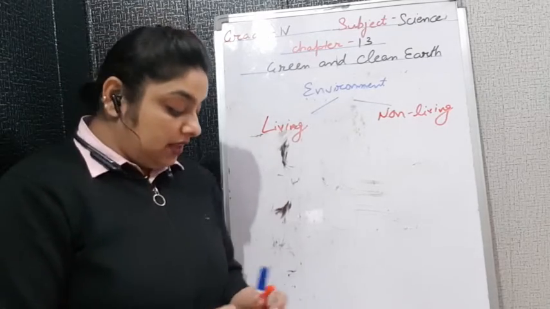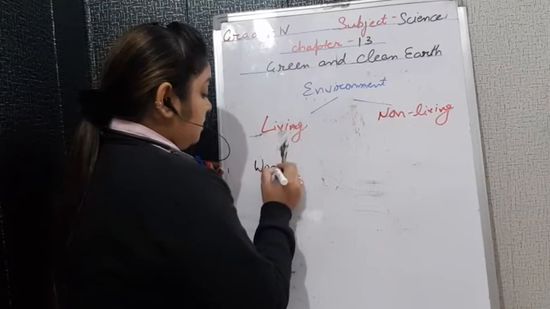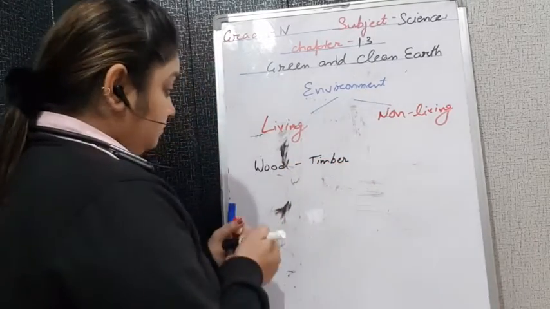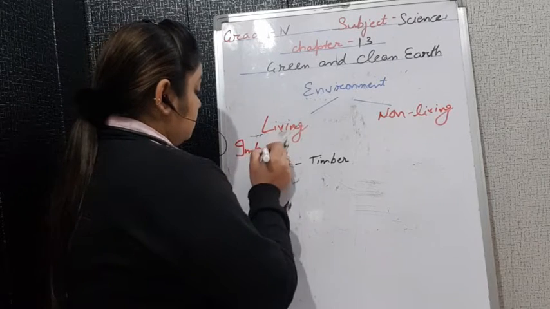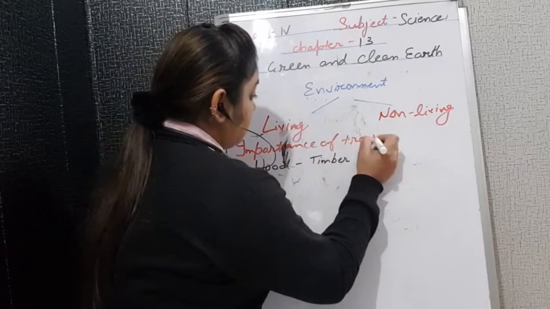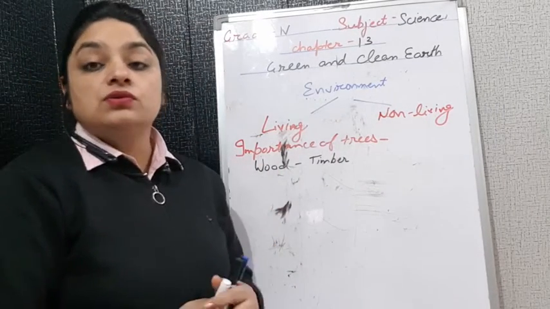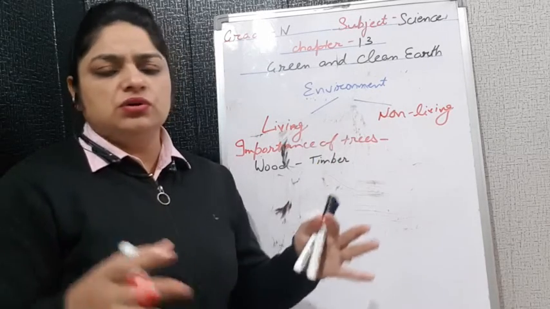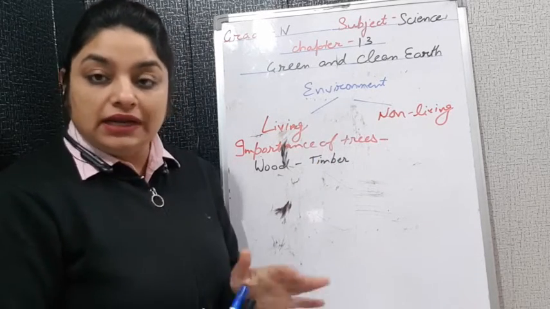For example, we are getting wood, or I can say timber, which we use for making furniture, even doors, windows. All these things we are making from the wood only, which we are getting from the trees.